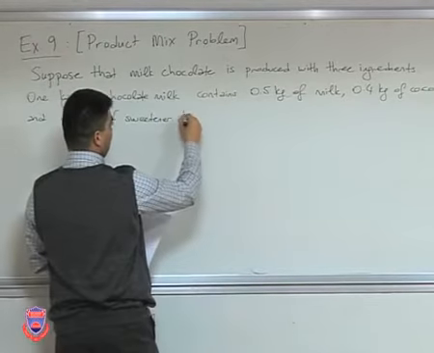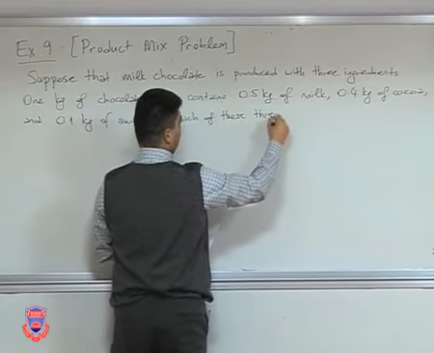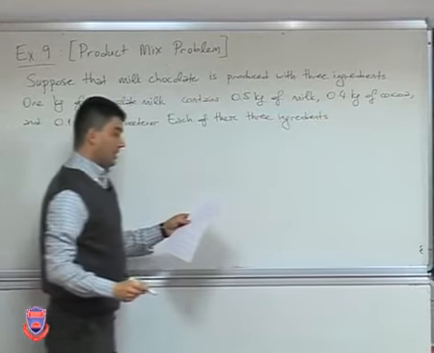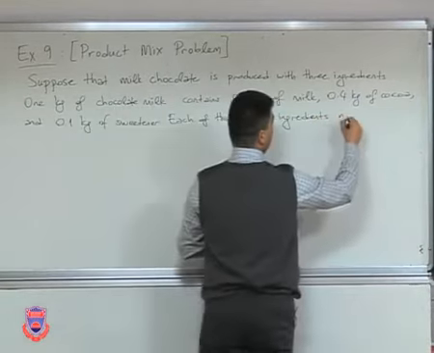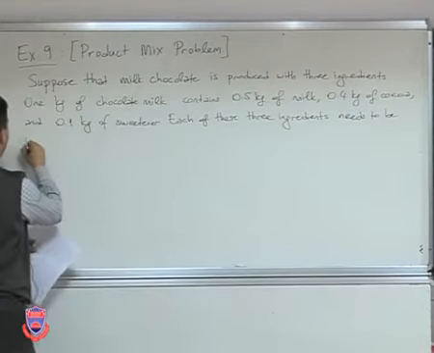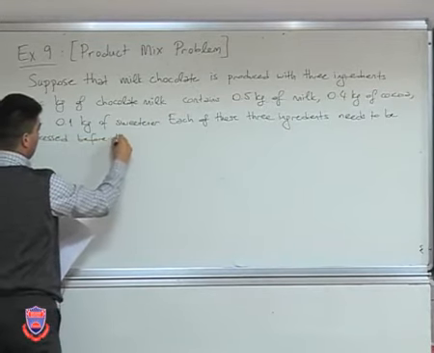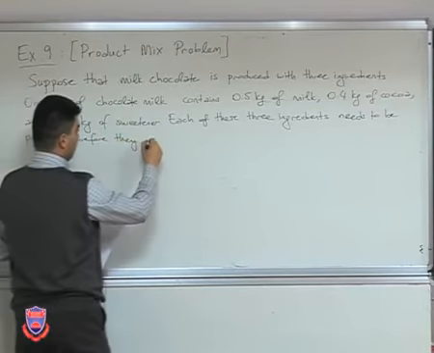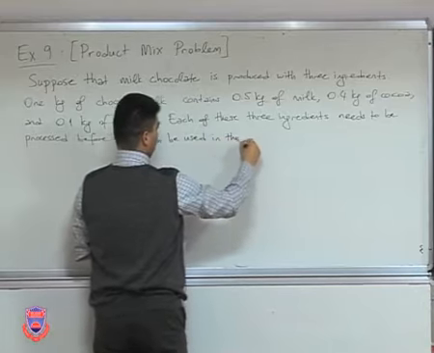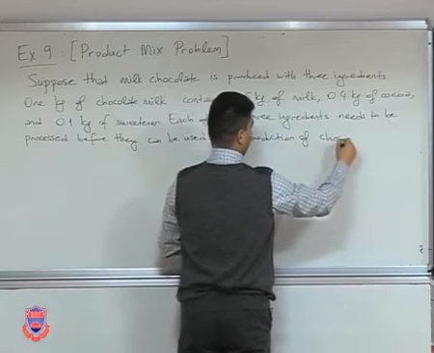Now, each of these 3 ingredients needs to be processed before they can be used in the production of chocolate milk.